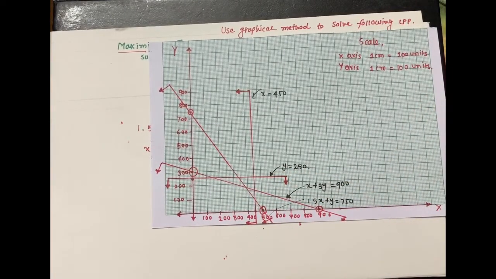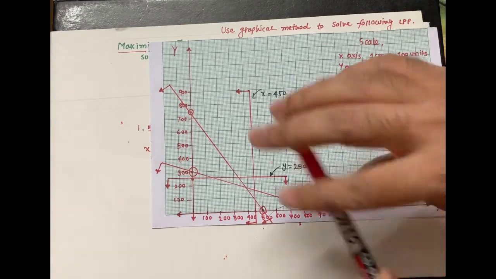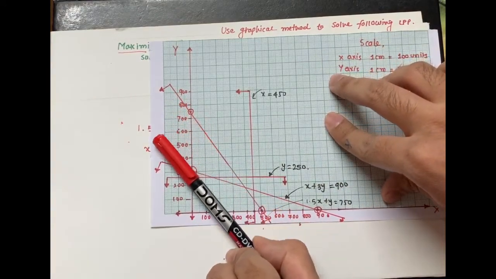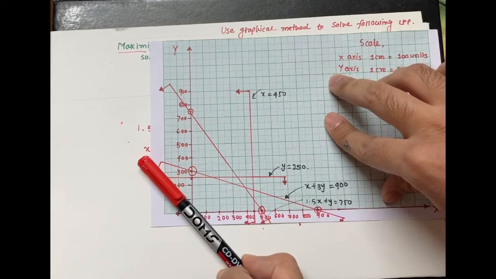It is fine up to here that we have plotted all the lines on the x-axis and y-axis. See, the first line equation states that the combination of x and y is less than this, means this is a feasible region, your value should lie below this constraint line.